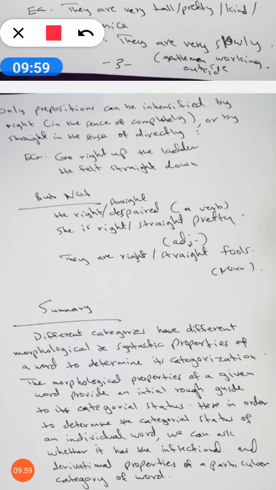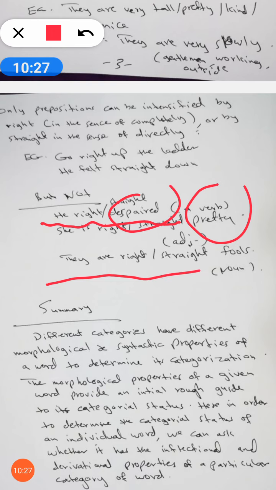For instance, nobody can say you right or straight the spirit, where spirit here is a verb. Neither can anybody say she is right or straight pretty, because pretty, an adjective, cannot be preceded by right and straight. And also nobody can say they are right or straight fools, because fools is a plural noun here, and so on and so forth.